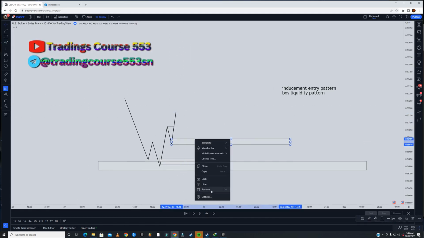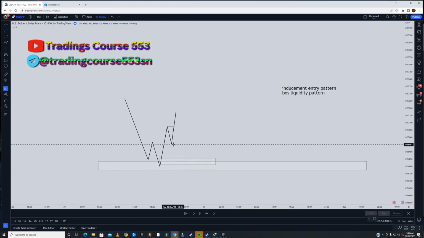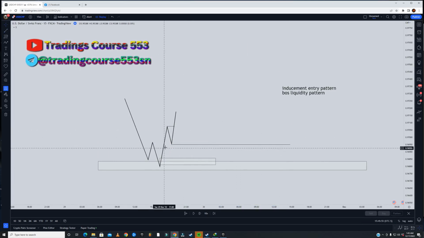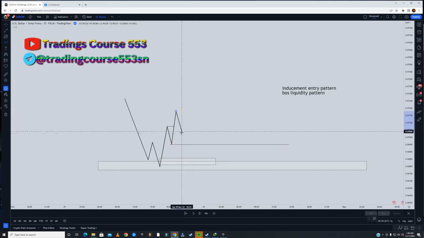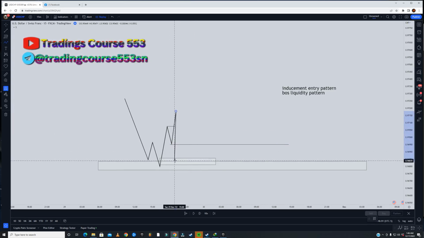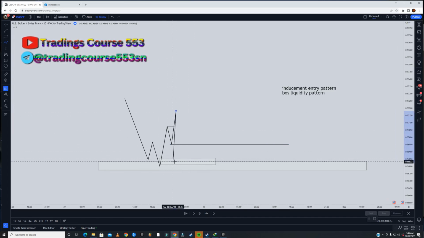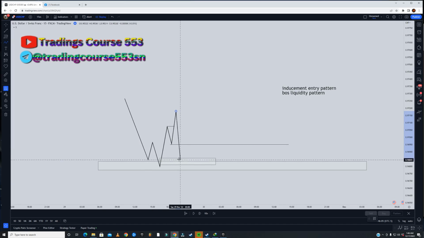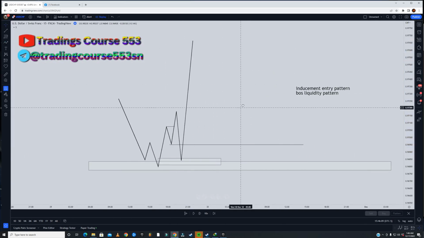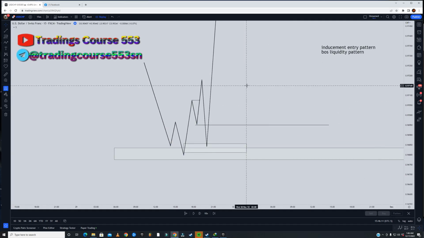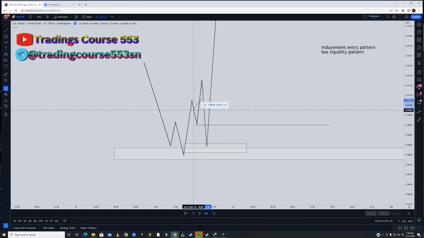However, they fail to notice that this right here is liquidity. So price is going to come back down into the POI, and it's going to go boom, like this. So remember this pattern. Now price can actually do something like this as well.